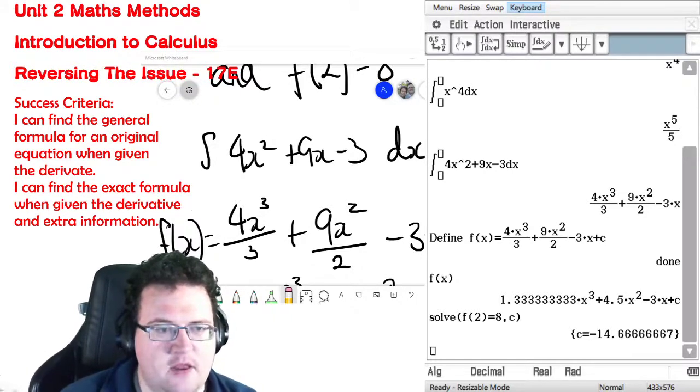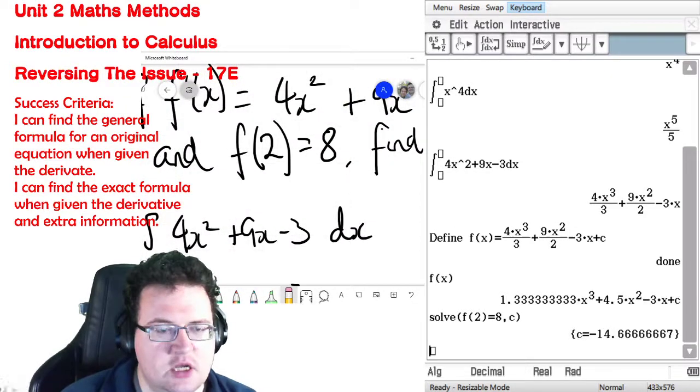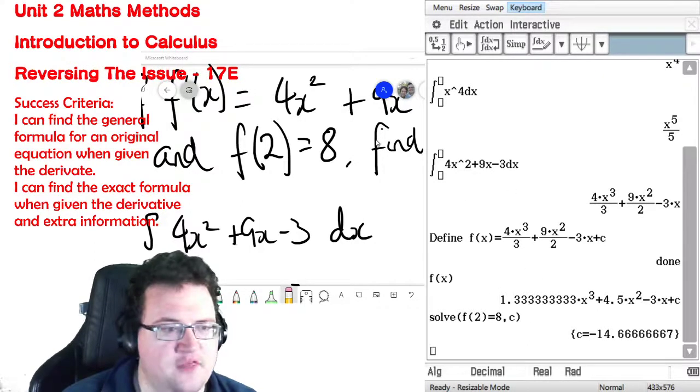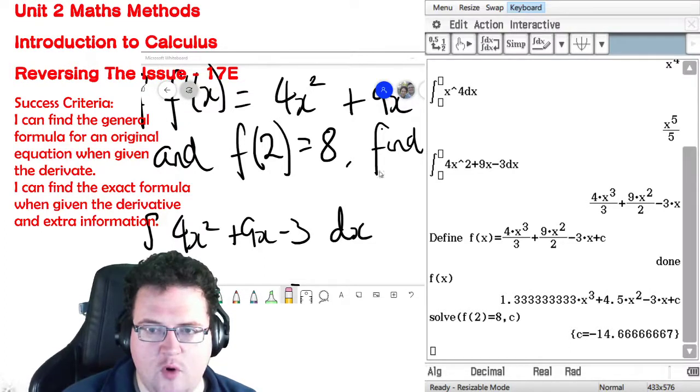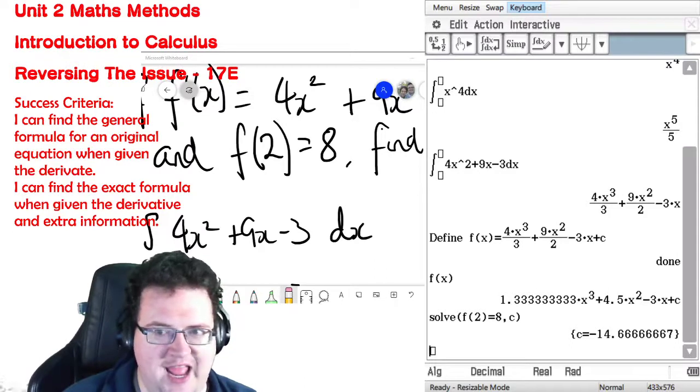So I've taken the piece of information that I was given before, f of 2 is 8, used it with my calculator. So I've defined it with the plus c, and then I've used the solve function on my CAS. So remember, you can find solve in Math 1, row 3, column 5. It's right underneath the square root or the nth root section. And you can use that to help you find your c value.